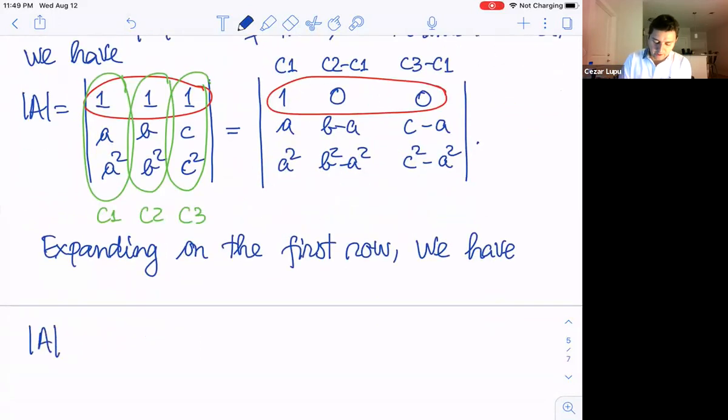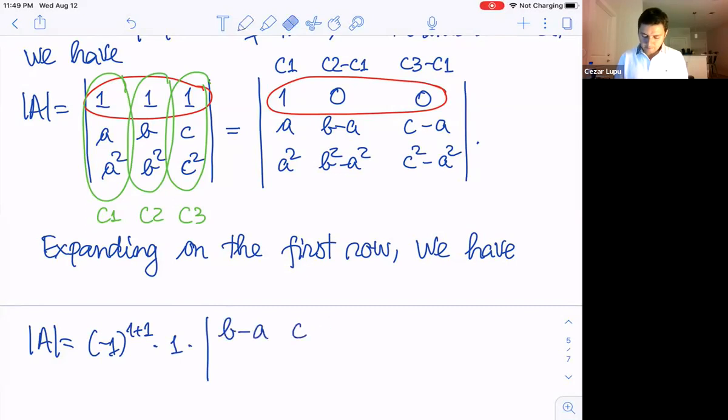The determinant of A is, as you can see, negative 1 to the power 1 plus 1 times 1, which will be B minus A, C minus A, B squared minus A squared, right?